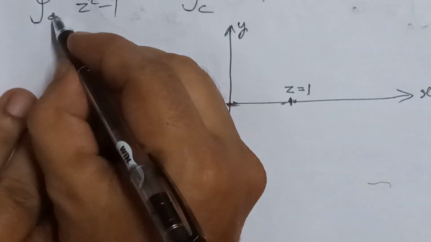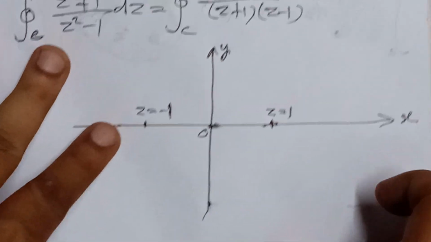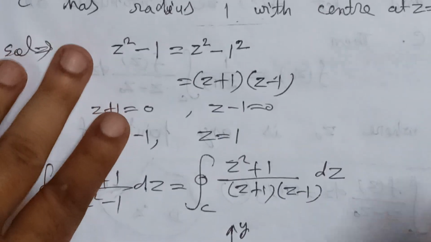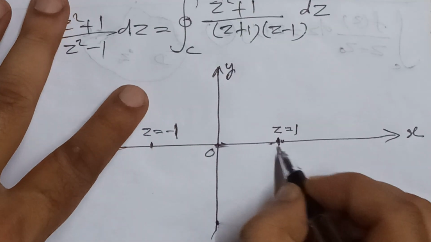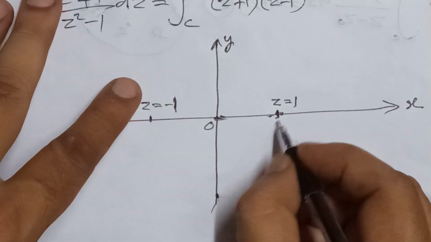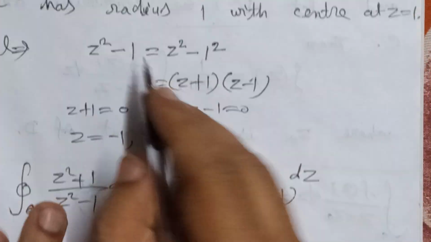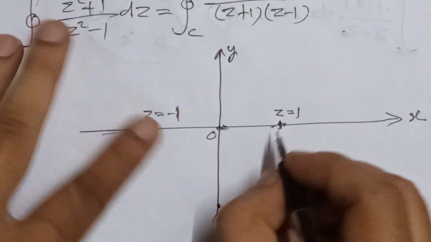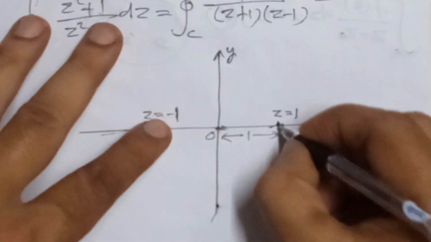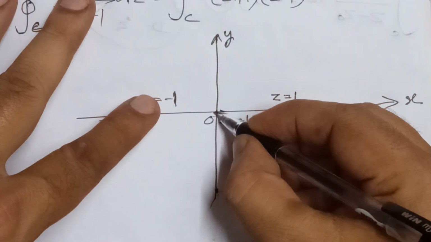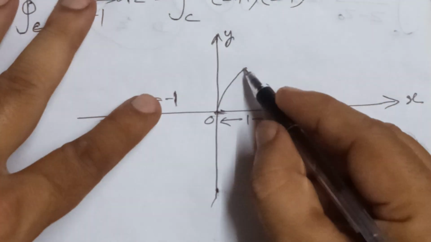We want to trace the C here. C is a circle with center z is equal to 1. z equal to 1 is the center and the radius is also 1. So this length is 1, which is the radius, and the center is this. So we can trace the circle.